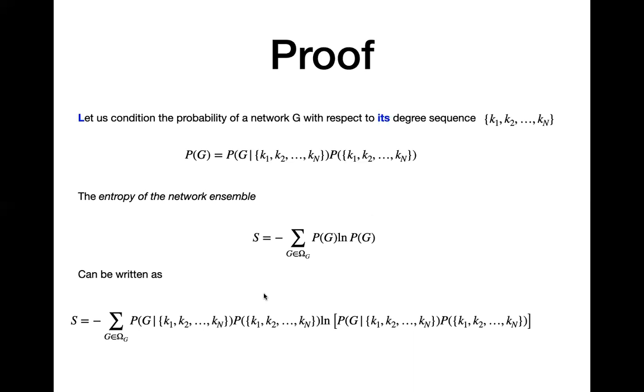So what I do, I can input the expression of P of G, in which I first condition on the degree sequence, and then I write the probability of a given degree sequence. Okay, so I just rewrite the definition of the entropy using this expression for P of G, in which I condition on the degree sequence.